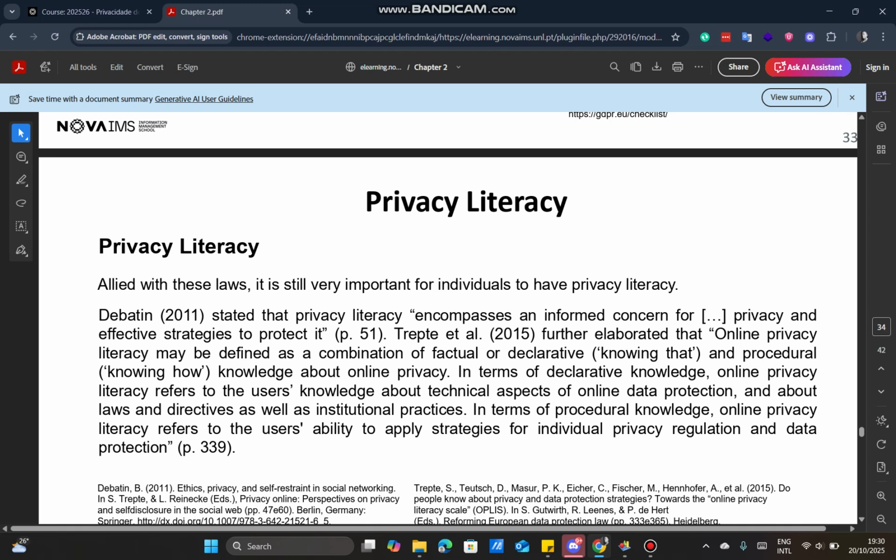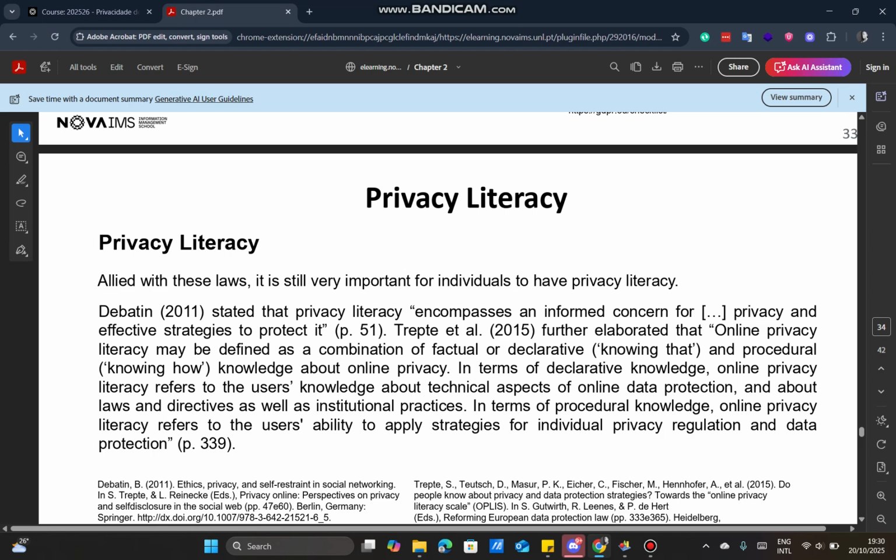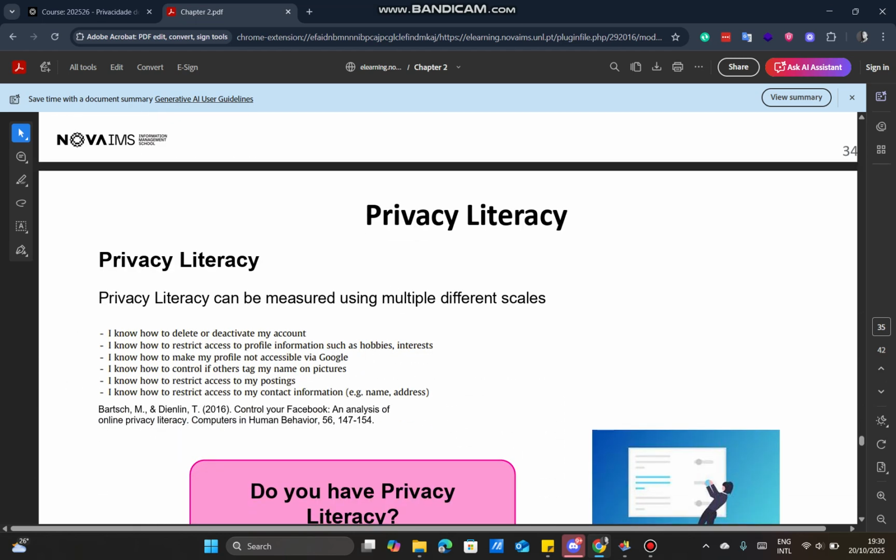Okay, and Trepte further elaborated that online privacy literacy may be defined as a combination of factual or declarative knowing, okay, and procedural knowing how, knowledge about online privacy. In terms of declarative knowledge, online privacy literacy refers to the user's knowledge about technical aspects, like how to delete your data, to deactivate your account. We will see all of this in the next slides, as you can see.